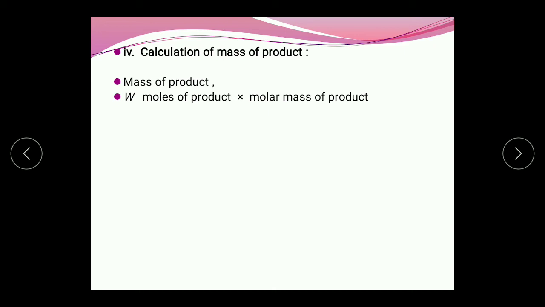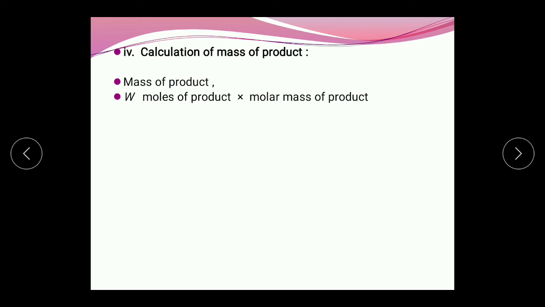In the previous step we got moles of product, so we only have to multiply by the molar mass of the product. In the case of copper, we multiply by the molar mass of copper. In the case of sodium, we multiply by the molar mass of sodium. So simple.